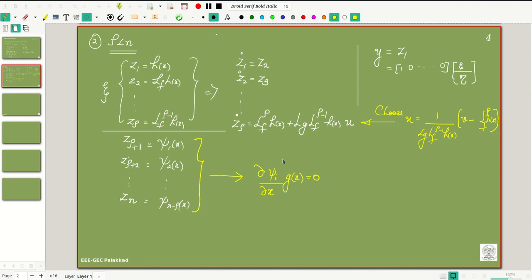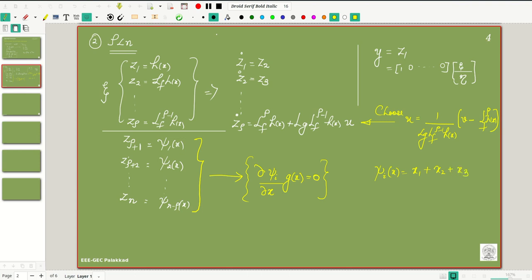Okay, this is our condition. That means there is a condition that has been imposed on these psi i's: dou psi i by dou x into g of x is equal to 0. What is the speciality when this term becomes 0? If I have some psi i of x, let it be x1 plus x2 plus x3.